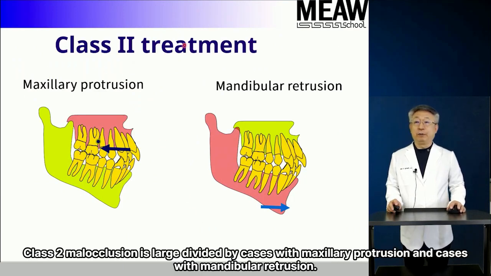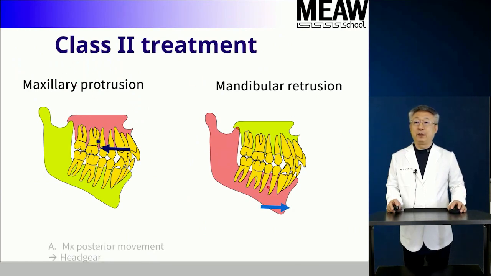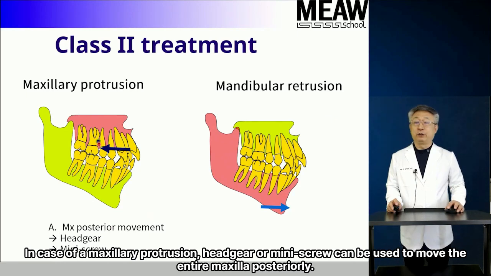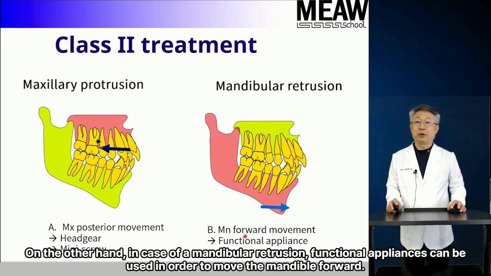Class 2 malocclusion is largely divided into cases with maxillary protrusion and cases with mandibular retrusion. In case of a maxillary protrusion, headgear or miniscrew can be used to move the entire maxilla posteriorly. On the other hand, in case of a mandibular retrusion, functional appliances can be used in order to move the mandible forward.